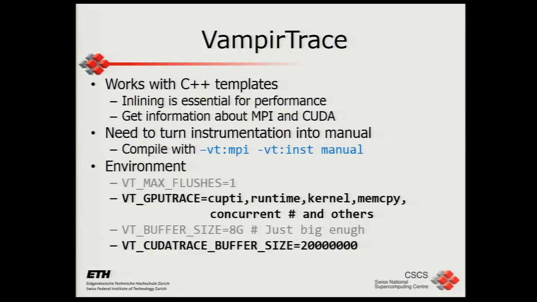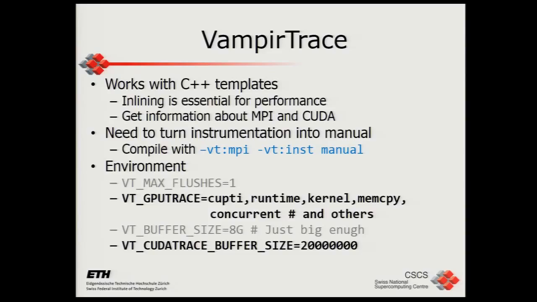What VampirTrace and other tools do is basically a source-to-source translation. They take the functions in your code and put calls before and after calling the function. They say, okay, this is the time the function is taking, these are the timestamps, or whatever. But if your code relies a lot on inlining, this instrumentation code is disrupting all the potential for your performance.